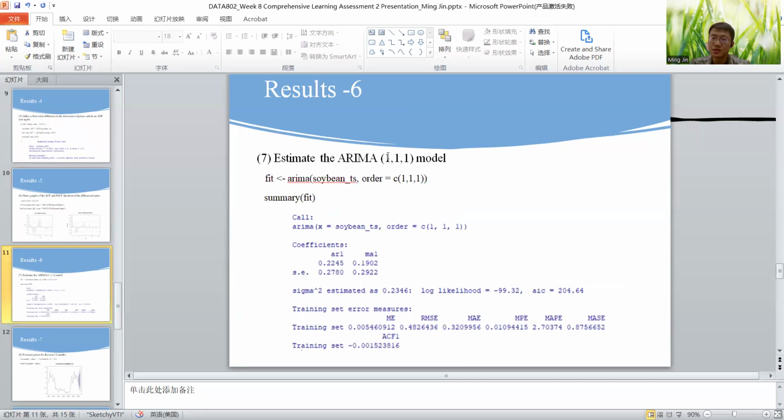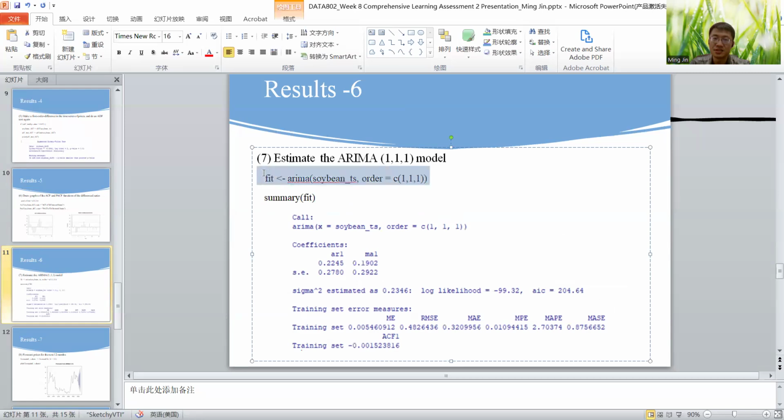So here, the first one means the AR order is 1. The second one means it's the first order difference. The third one means the MA order is also 1.